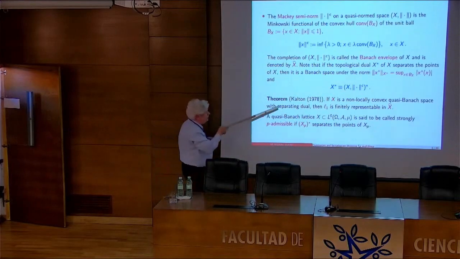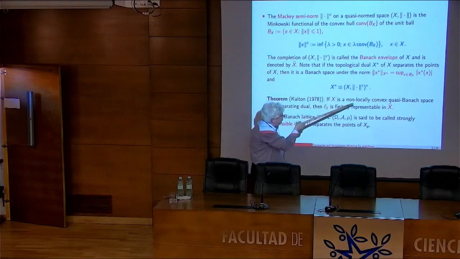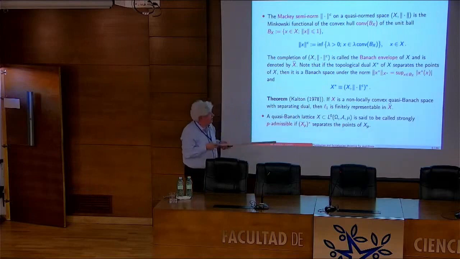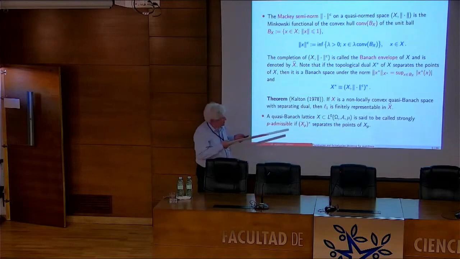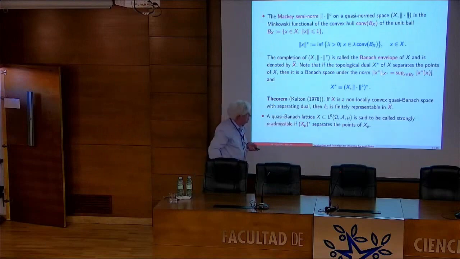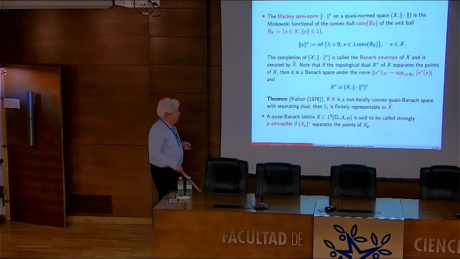Kalton in 1978 proved a beautiful result: if X is a non-locally convex quasi-Banach space with separating dual, then the Banach envelope is not always good. It always contains uniformly l_1^n.